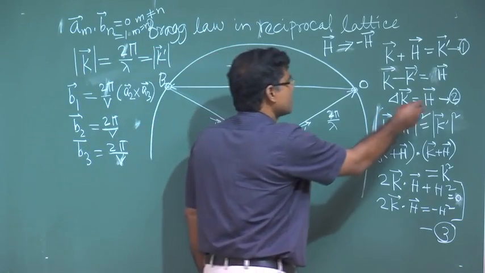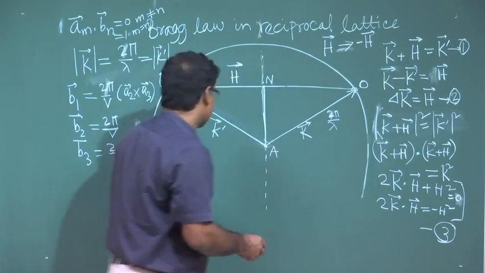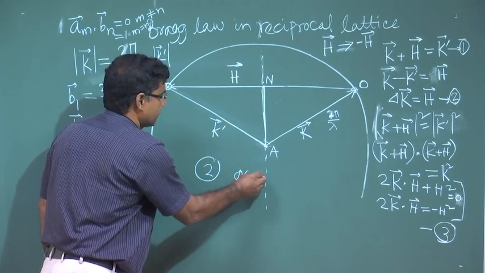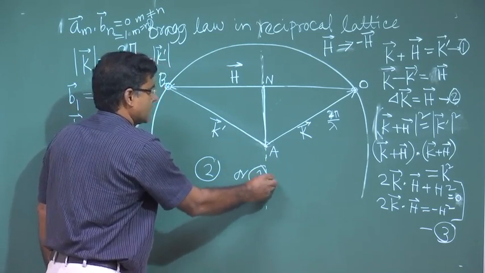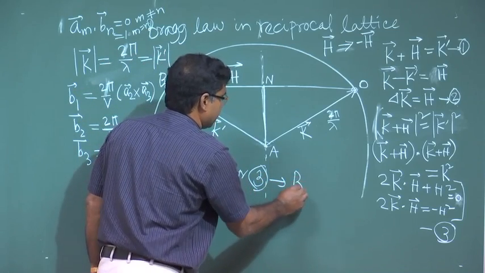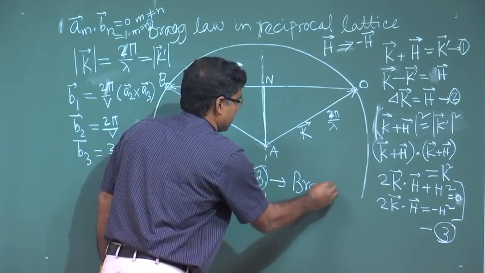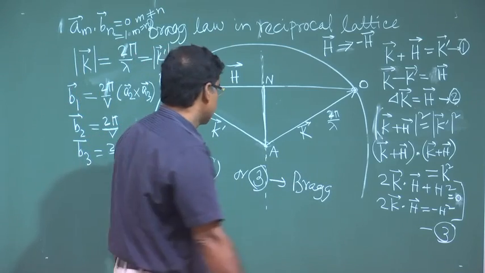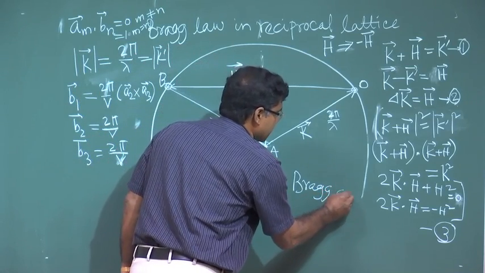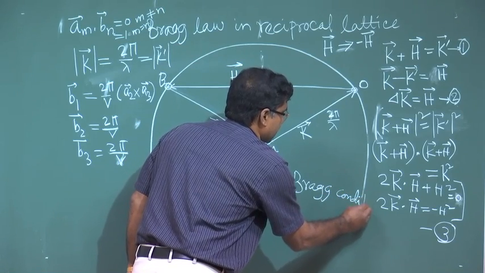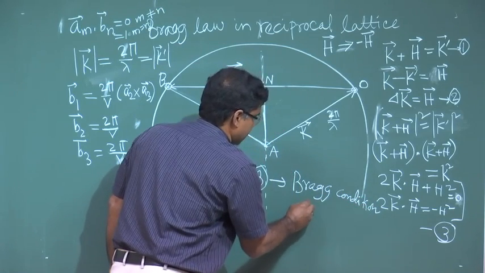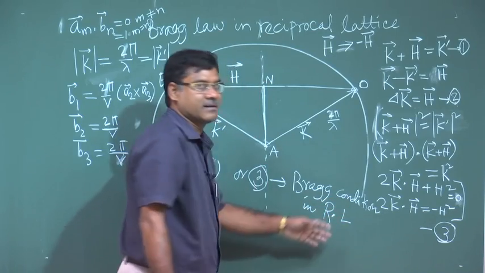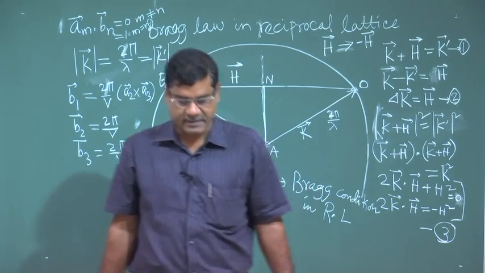So either you can use 2, or 3, okay. It is the Bragg condition in reciprocal lattice, or Bragg law in reciprocal lattice. So I am writing RL for reciprocal lattice.